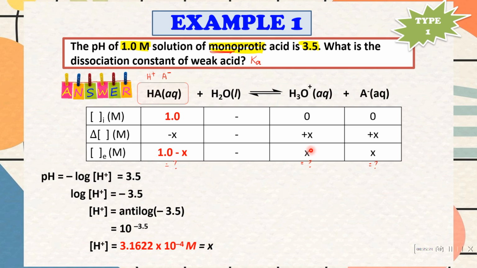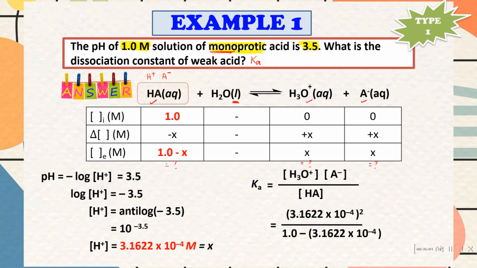Alright, so next you have to write the Ka expression. Since H2O here is liquid, it is not considered. So you get the Ka expression: concentration H3O plus times concentration A minus over concentration HA. Substitute all the values.